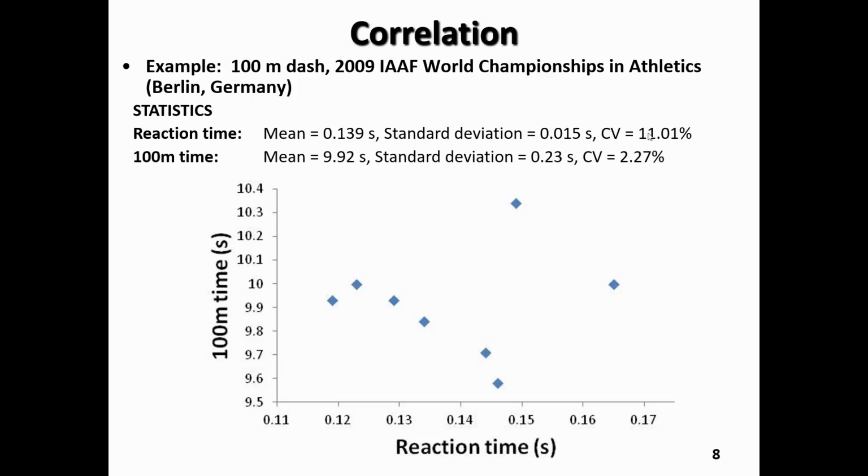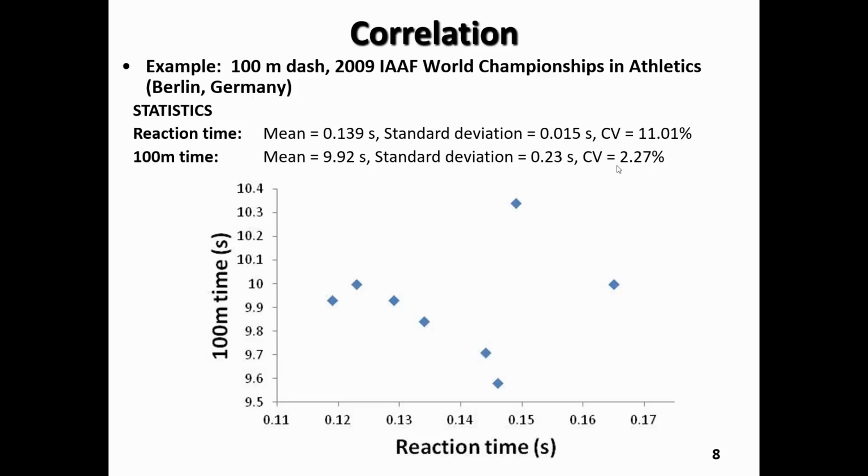In terms of 100-meter time, the average time to complete the race was 9.92 seconds, at a standard deviation of 0.3, but the 100-meter time variation was much tighter than that for the reaction time if we take a look at the coefficient of variation.